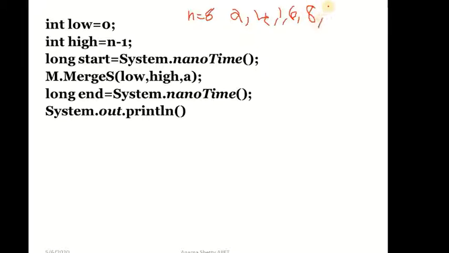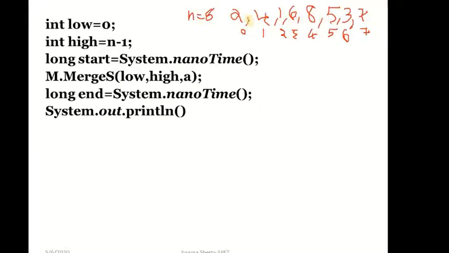Suppose this is my array with these elements. This index will be 0, this will be 1, 2, 3, 4, 5, 6 and finally 7. This is my array indexing.